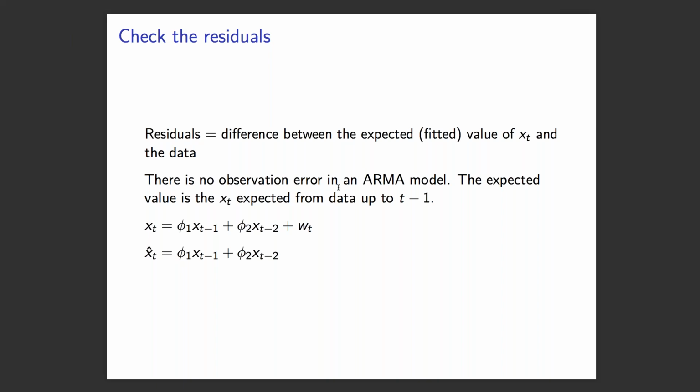This is different than what you would have in a linear regression. In a linear regression, you would predict the value at time t from all your regressors. That's your prediction. You would have the data at time t minus that prediction at time t using all the regressors at time t. So the ARIMA model is a little different because you're only going to use the data up to the previous time step.